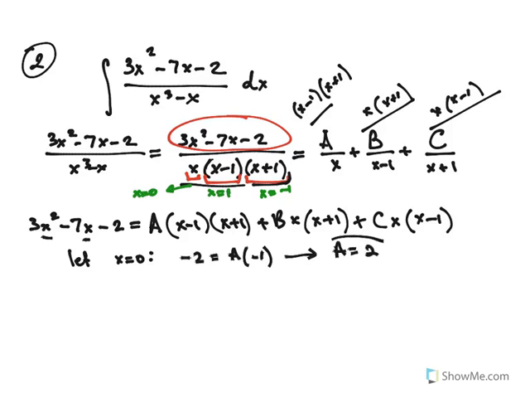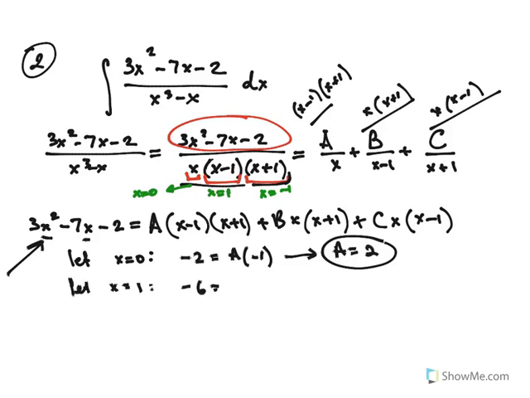Okay, so therefore A equals 2. All right, now let x equals 1. Same thing. So that would be 3 minus 7, negative 4 minus 2, negative 6, I believe, equals, if x equals 1, this part is 0, disappears.